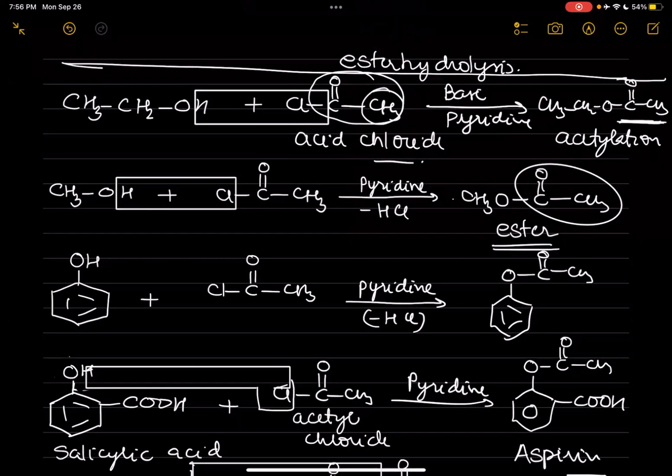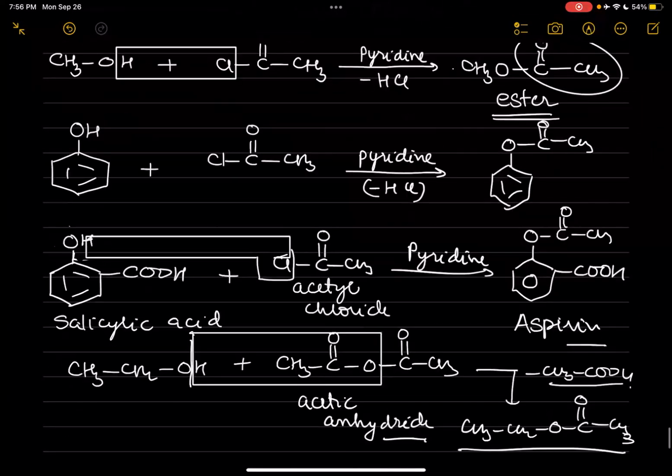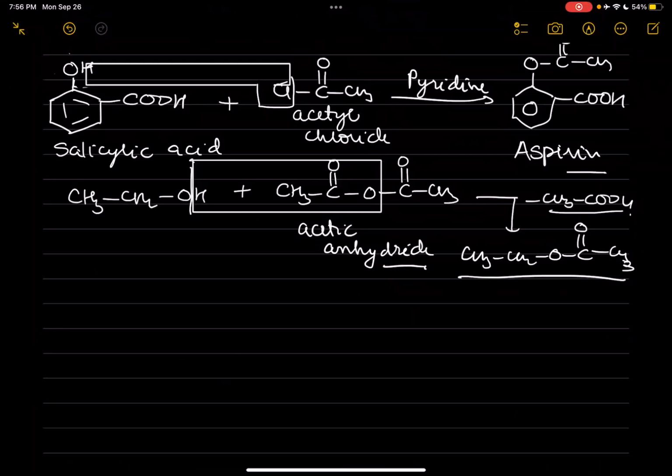Is it clear? Any doubts in this? No sir, no doubts. Right. So this is one of the reactions: acid-base reaction, and another reaction is acetylation or esterification.